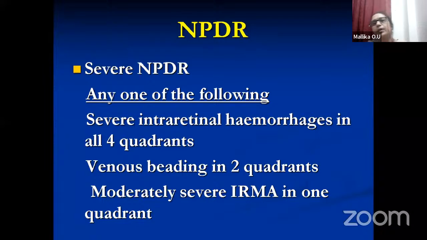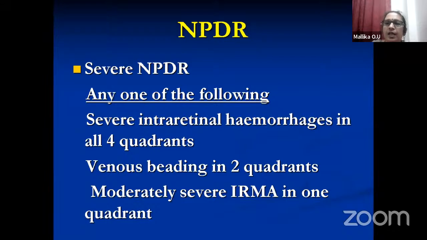Okay, so in severe non-proliferative diabetic retinopathy, they classify with the 4-2-1 rule. That is the 4-2-1 rule. What is this 4? 4 is severe intraretinal hemorrhages in all the 4 quadrants of the retina. Okay, superior, inferior, nasal, and temporal.